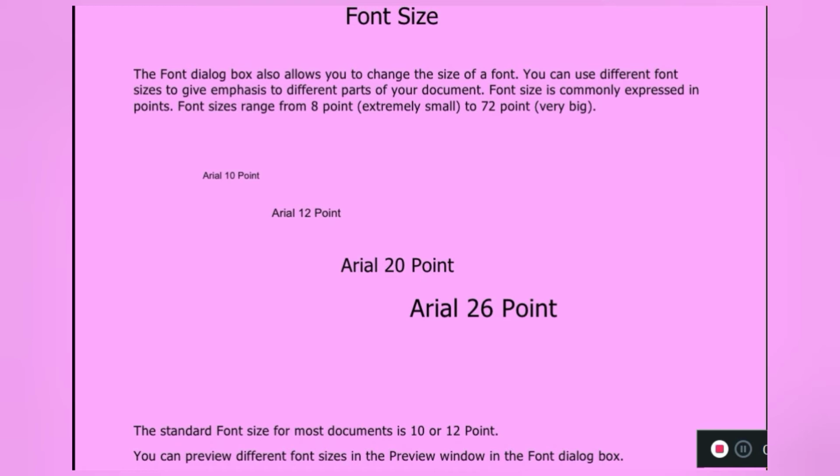Font sizes range from 8 point, extremely small, to 72 points, which is very big. The standard font size for most documents is 10 or 12 points. You can preview different font sizes in the preview window in the font dialog box.